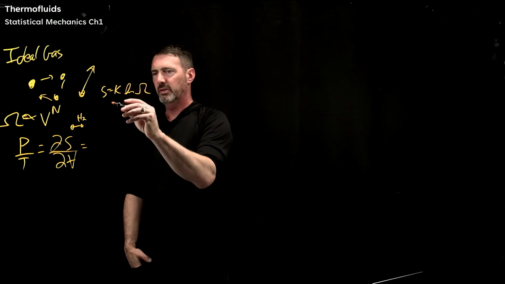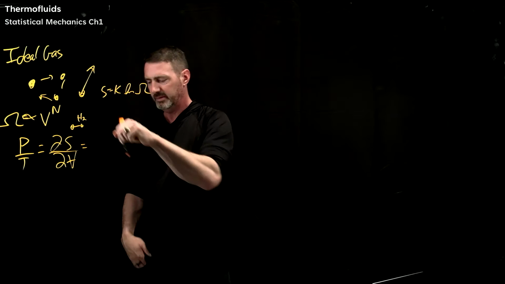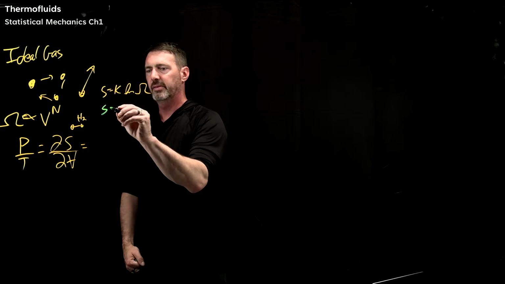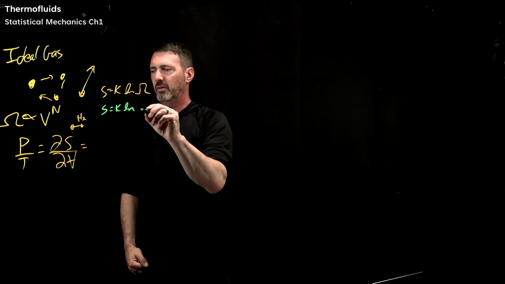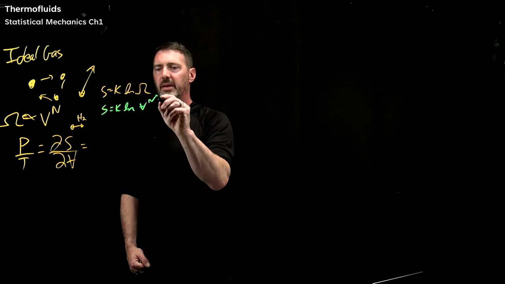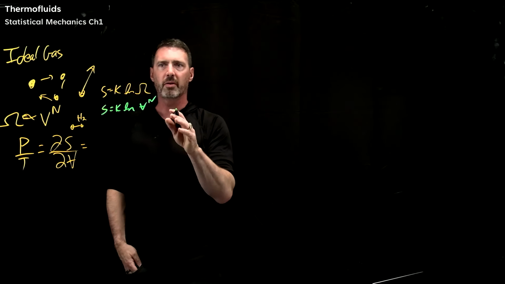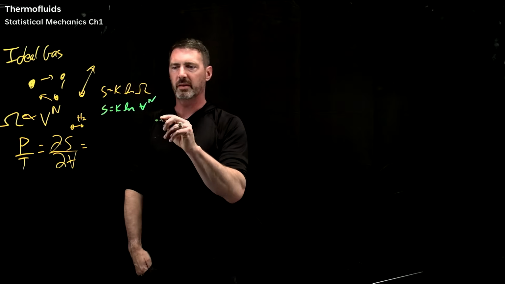And so actually let's walk through this. I'll do it in green. Then you have S equal to K natural log of V to the N, and there'll be some other stuff in here because it's a proportionality constant. I'm not going to worry about all the rest of the stuff, just some other junk in there.